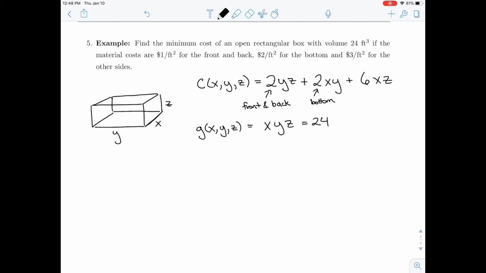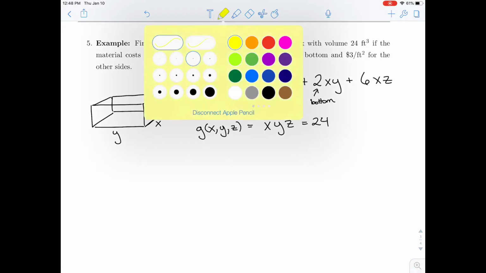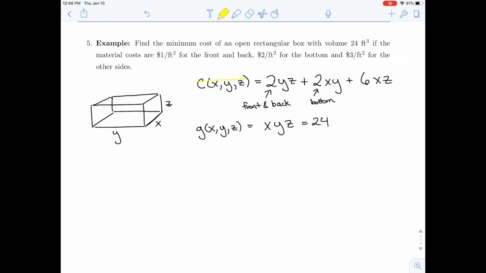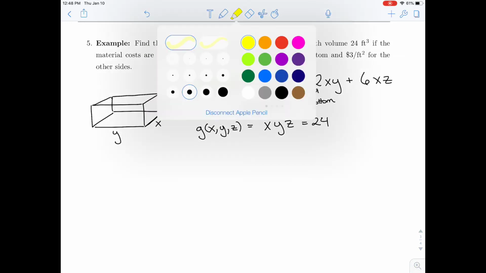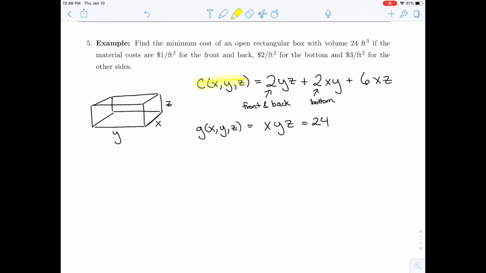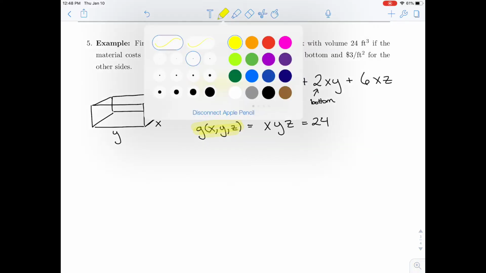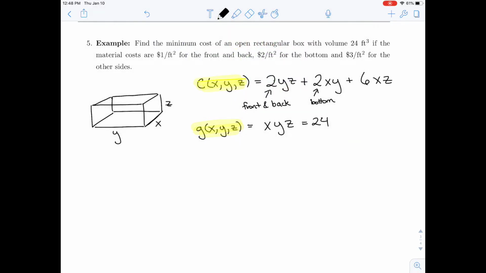So now that we have our function that we want to maximize or minimize, this one right there, and we have our constraint, now we can set up a Lagrange multipliers problem. So we're going to look at the derivative of c with respect to x, which the first term is going to be 0, the second term is going to be 2y, and the third term is going to be 6z.